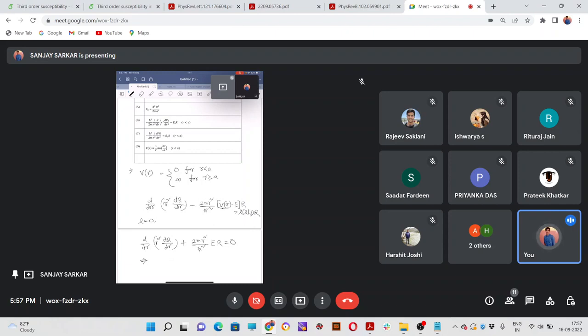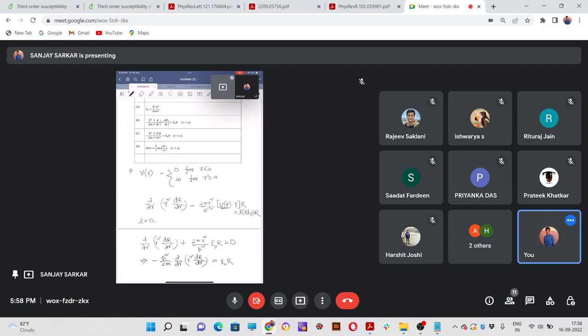We can write this as minus h bar square by 2m d/dr of r square dR/dr equal to E naught R, since this is the ground state energy.